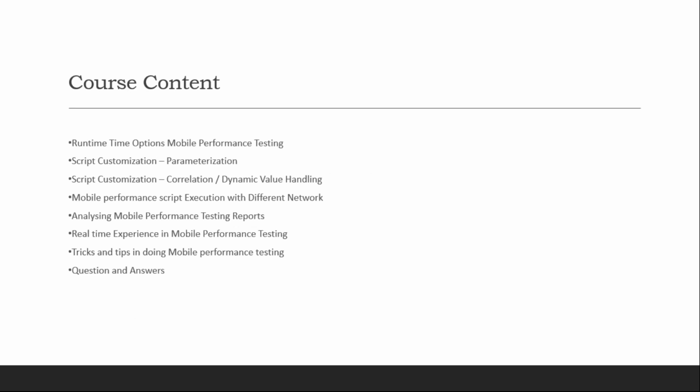Then the different runtime settings that we will vary when you go for mobile application testing, and the script customization part like static value handling and dynamic value handling. Then I'm going to show you the network throttling concepts, and how to analyze your report, and I will share real-time experience, whatever I tested and how I faced the issues.